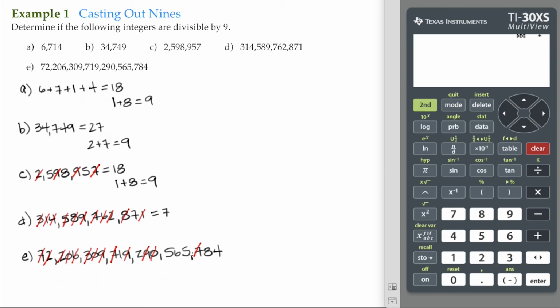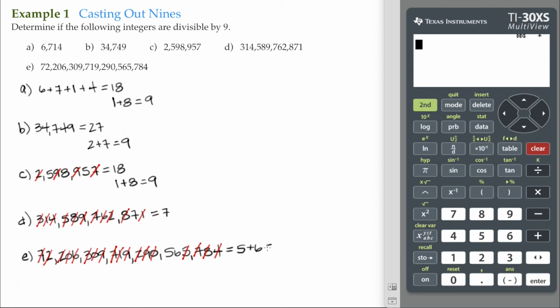Here's a 7 and a 2 right here. That sums to 9. Here's 1 and 8. That'll sum to 9. And then 5 and 4. That'll sum to 9. So we're left with 5 plus 6.